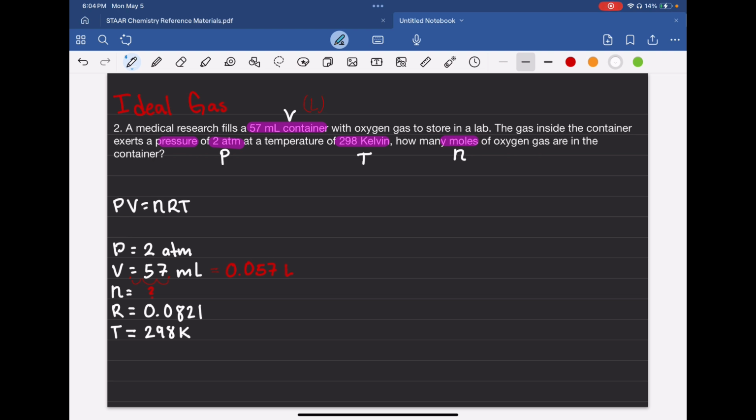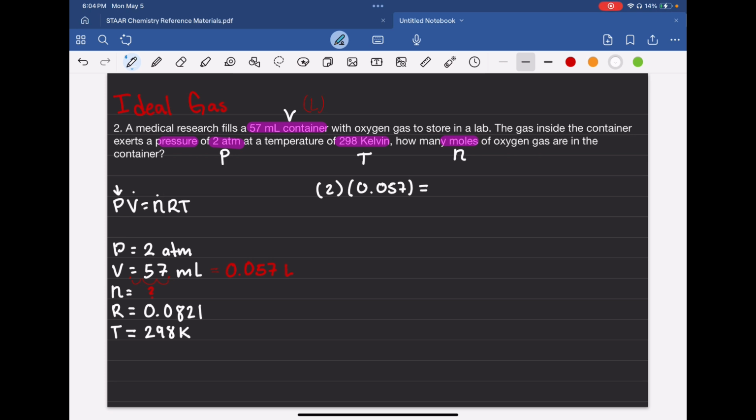Okay, so now we are going to input this information in our formula. So we're going to begin here. Pressure. Our pressure again is 2 atm. We're going to put 2. Volume is 0.057.